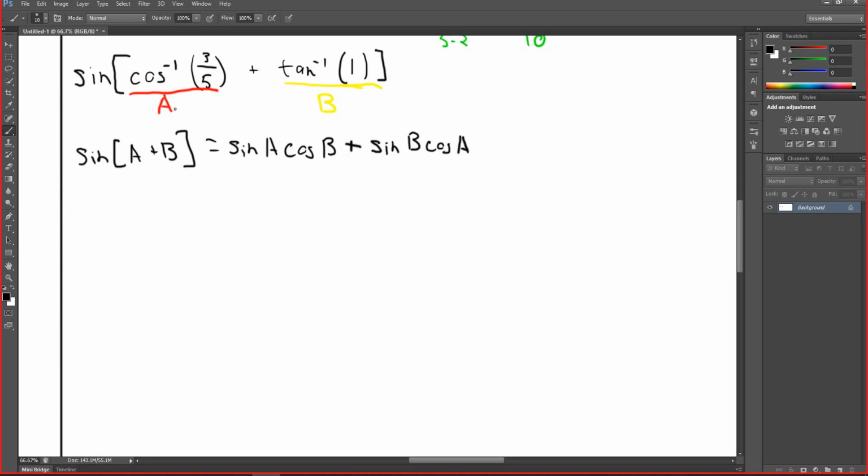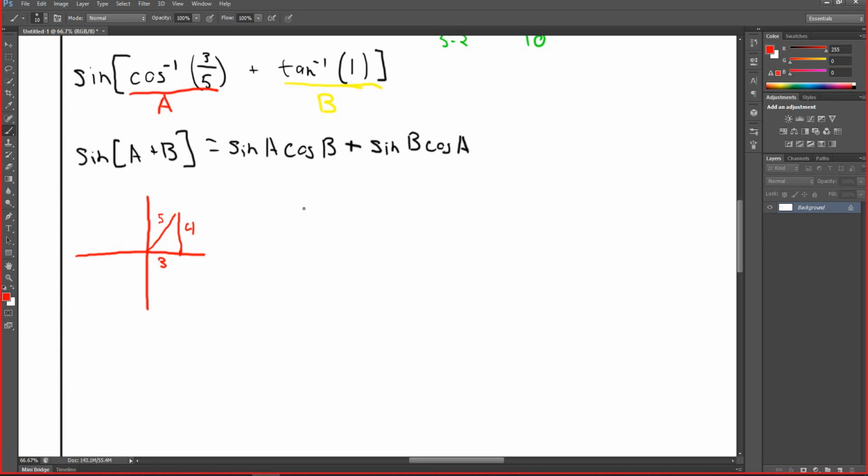Okay, so now we just need to make our graphs, and that's going to be these same colors this time. For cosine, we're given an x over a radius. My x is going to be 3, my radius is 5. What kind of triangle do we have? 3, 4, 5.